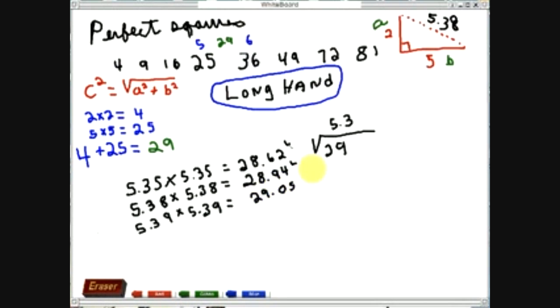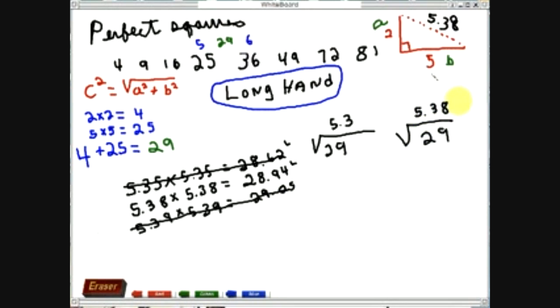Well, 29.05 is greater than 29. So we know we're not going to use this one, and we know this one is too low. And so this is the one that we have to use. So for our second point, the square root of 29 is 5.38.